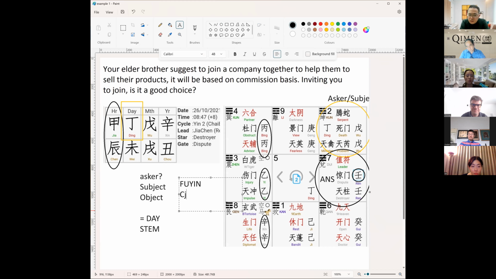Fuyin chart. That means the big picture is that... does anybody know what the Fuyin chart means? Frederick, you know. In your notes, you say that Fuyin means that things will take a long time.